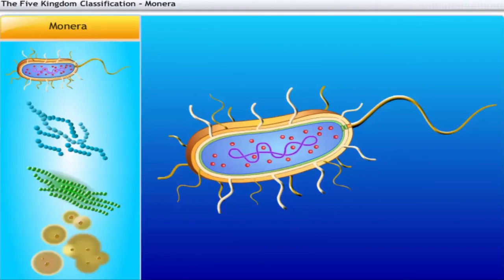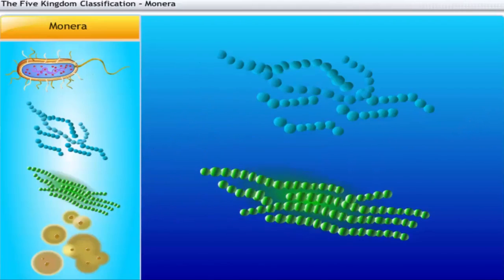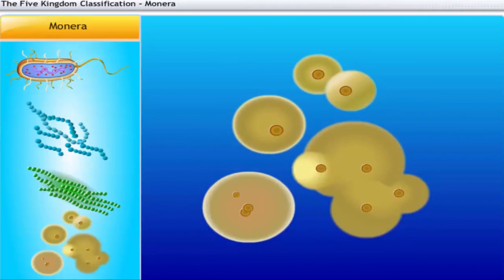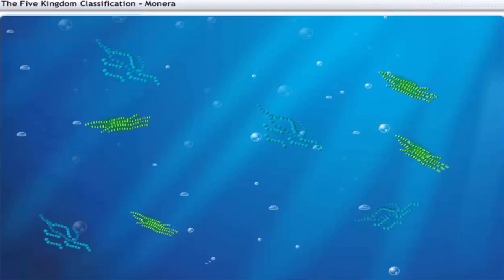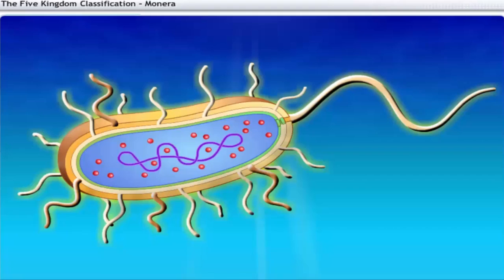Some of the common monerans are bacteria, blue-green algae or cyanobacteria, and mycoplasma. Monera are autotrophic. They get their nutrition by synthesizing their own food. They are also heterotrophic. That is, they get their nutrition from the environment.